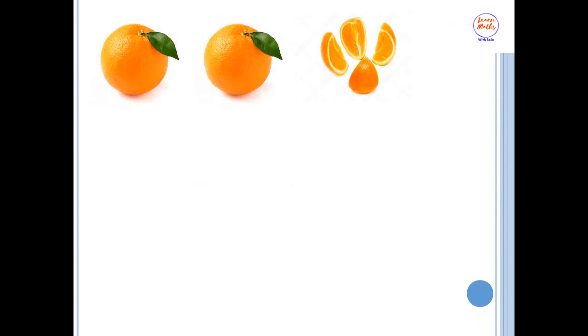So let's use our orange as an example. We have one orange that is not shared, then we have another that isn't shared, then we have the last set of orange that is shared into 4 different oranges. So one is shared into 4.